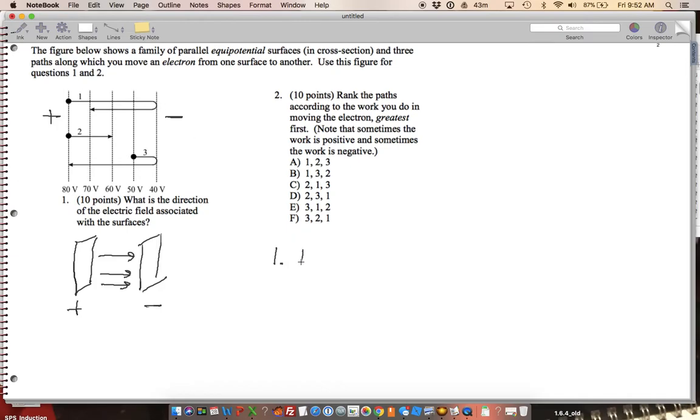So I'm going to have plus 4, that's me doing work, and then minus 3, because then I don't have to do work. It's just going to go back to this spot. So minus 3.